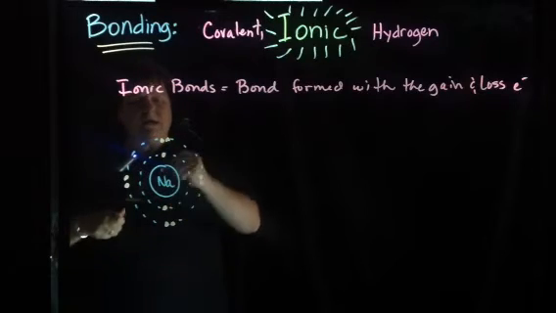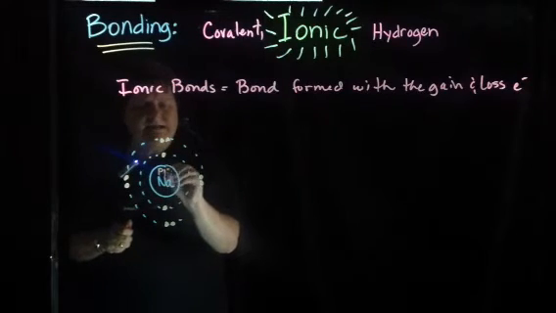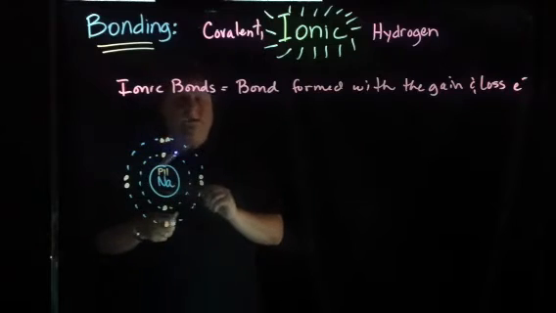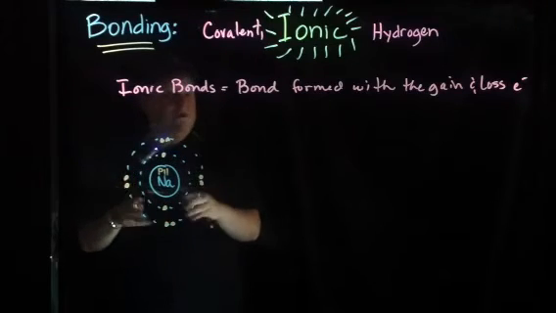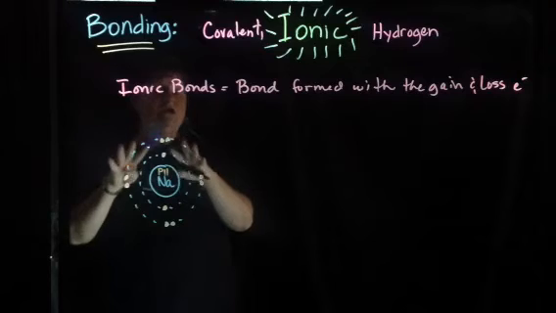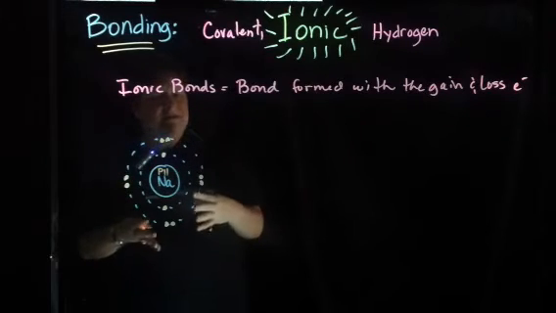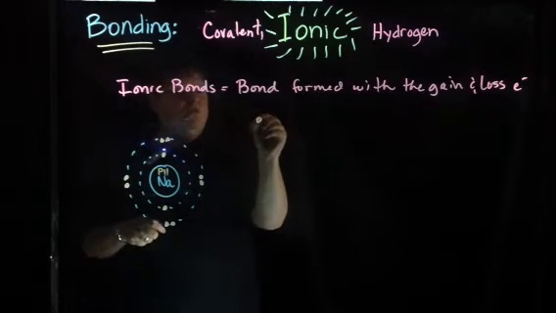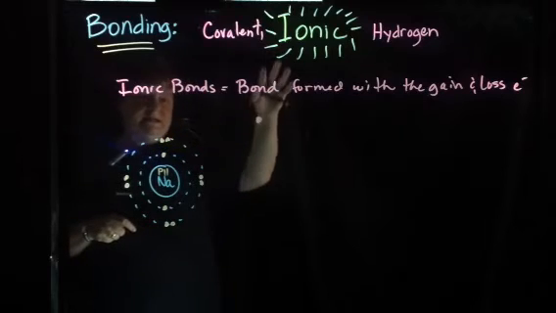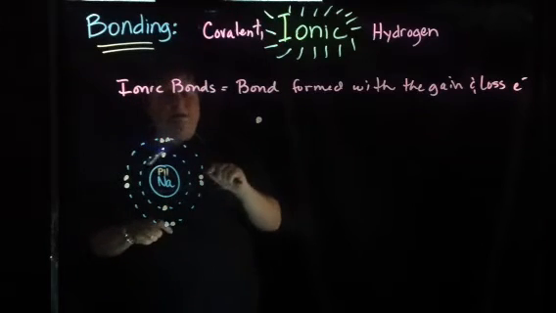But sodium has 11 protons. Because it has 11 protons, in its uncharged state, it has 11 electrons. But we've gotten rid of one of those electrons. It's out here waiting to be picked up.